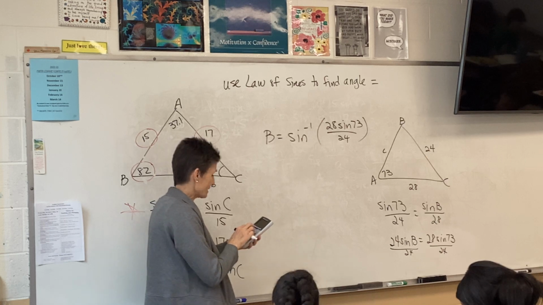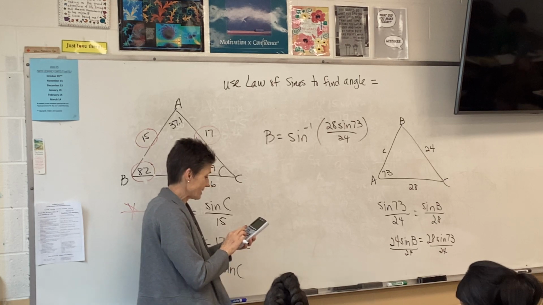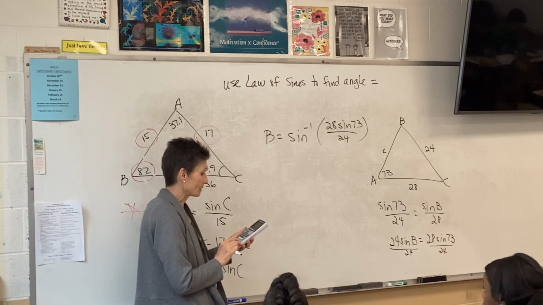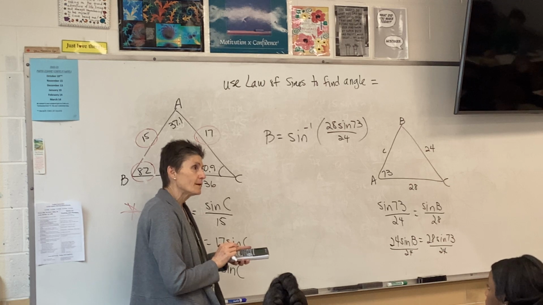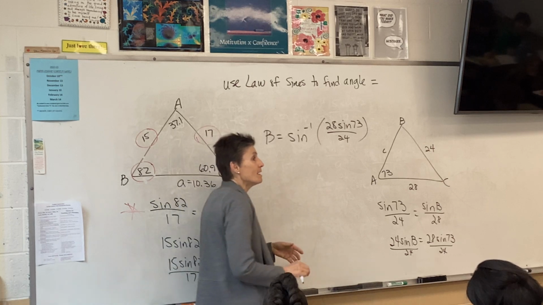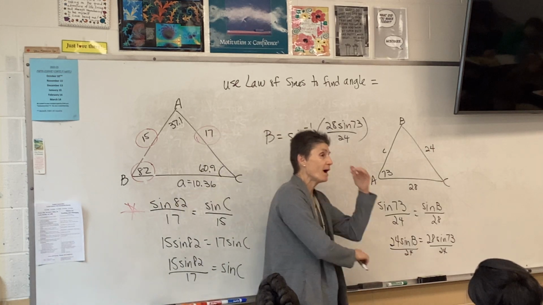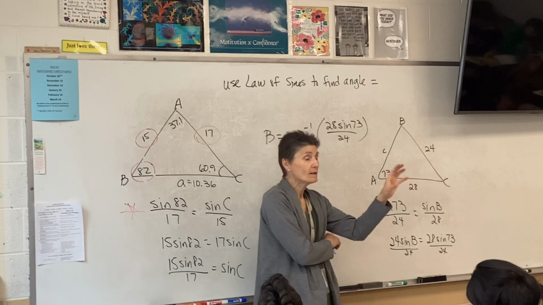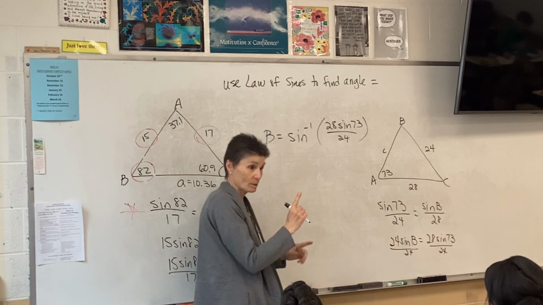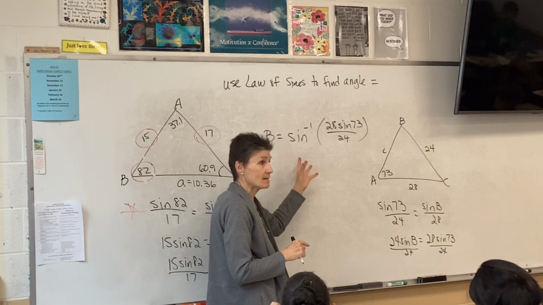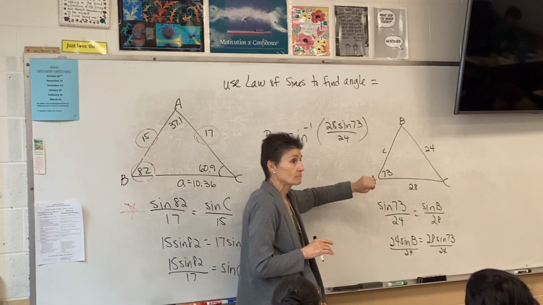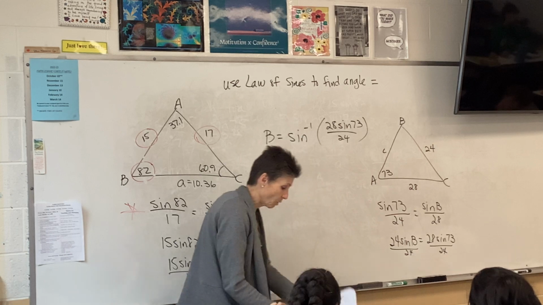Let's try it again. That means there's no triangles possible. Remember, when it says how many triangles are possible, it could be 0, it could be 1, or it could be 2. So our first example was a 1. This one is a 0. When that calculator says error, that means this is not possible. Okay, done. Last one.